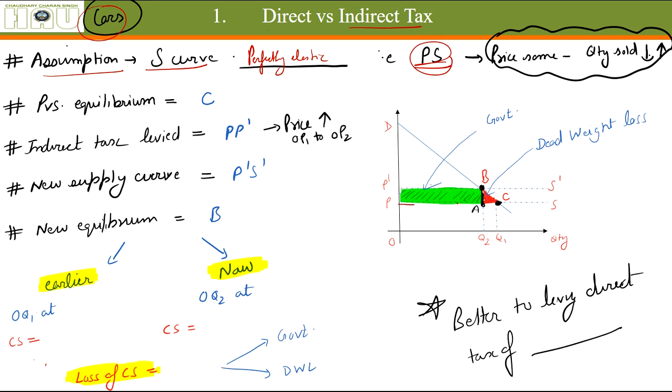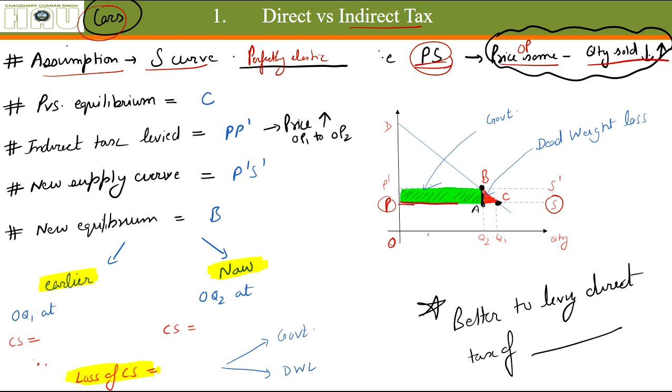This is the supply curve, PS. When it is parallel to the x-axis, it is called perfectly elastic because at this price OP, the producer who is supplying can sell, and you can buy, any quantity from him.